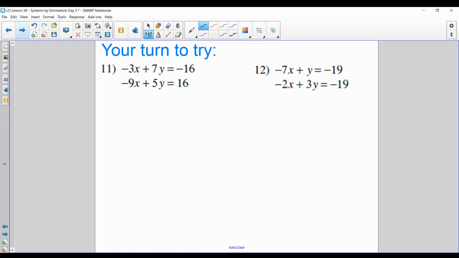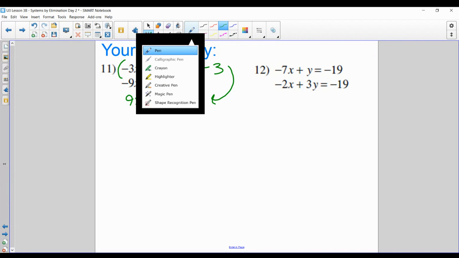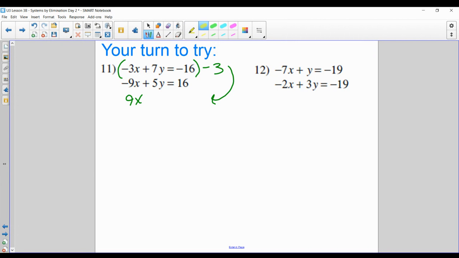So what I would do on that one, and I'm trying to set up a pair that are opposites, I would multiply this top one by negative 3, so that when I multiply it, I get a positive 9x. And then you can see that 9x and negative 9x are going to eliminate each other.